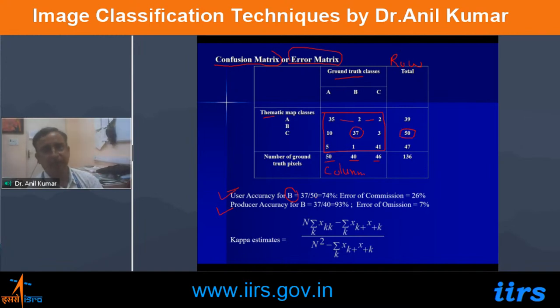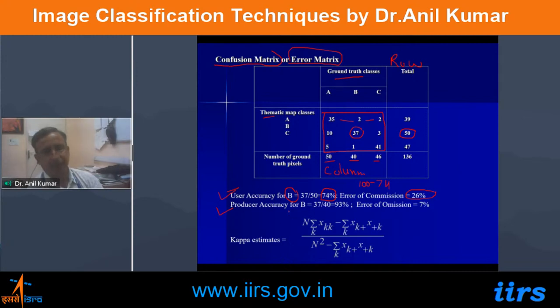So 37 by 50 multiplied by 100, it is 74% accuracy. And in parallel, you can get the error of commission. So the error of commission here will be 100 minus 74, which comes to 26%. Error of commission for class B.